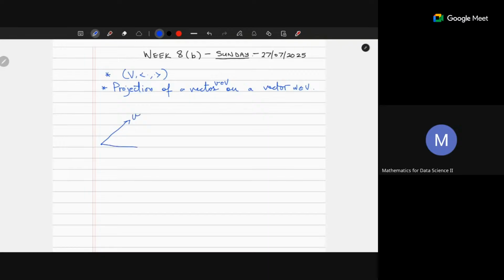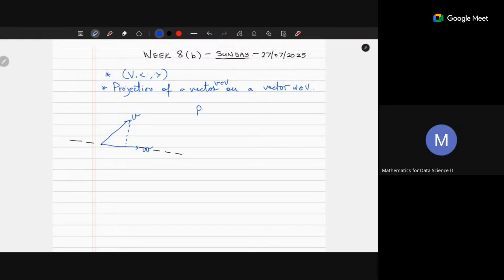This is vector V. This is vector W, and you want to project it on this, so that the head of the vector V is at the shorter distance from this vector W. In particular, it is in the shorter distance from the line that W spans. All right, makes sense.